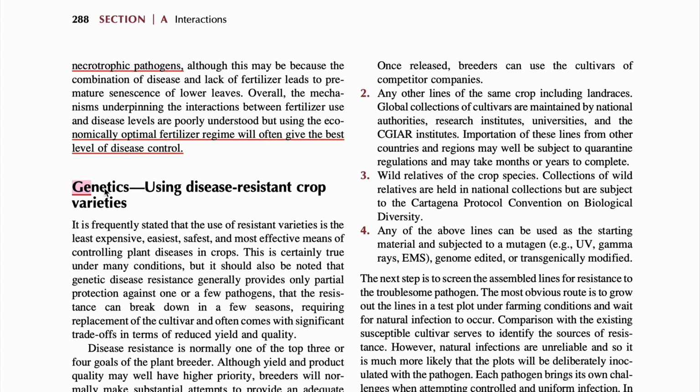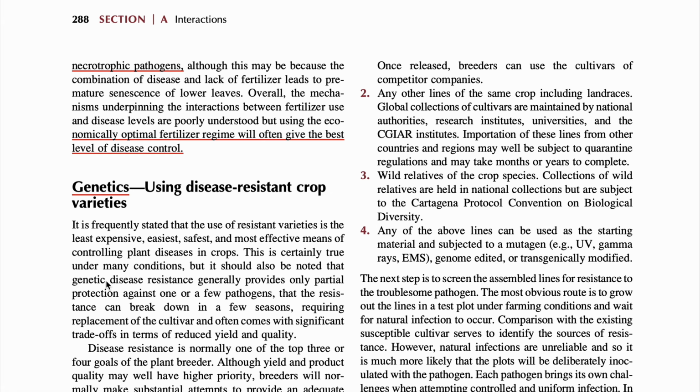Starting with genetics, using disease-resistant crop varieties. It is frequently stated that the use of resistant varieties is the least expensive, easiest, safest, and most effective means of controlling plant diseases in crops.